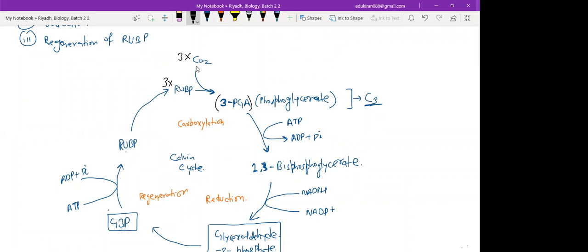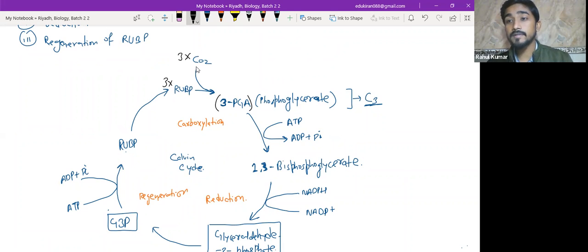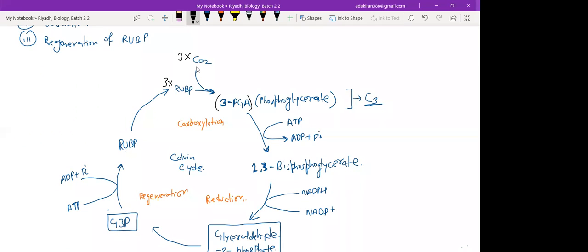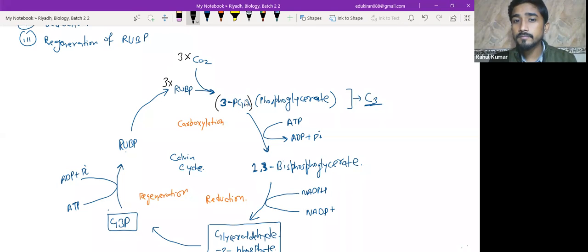And from CO2 we got 3 carbons. How many carbons in total? 15 plus 3. What's difficult in this maths? 18. So how many 3 carbon molecules, 3-PGA, can we make?